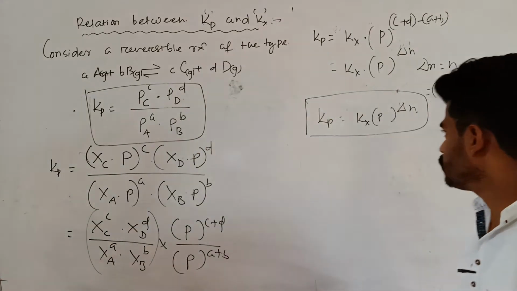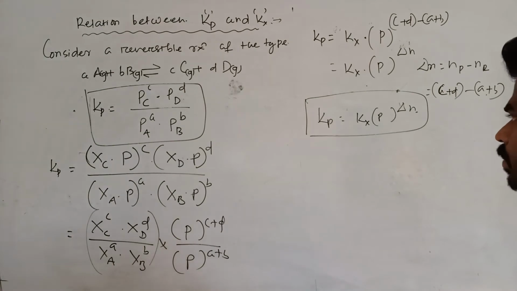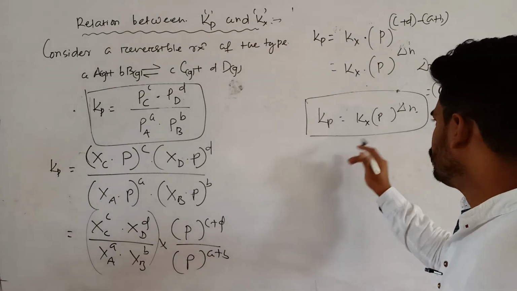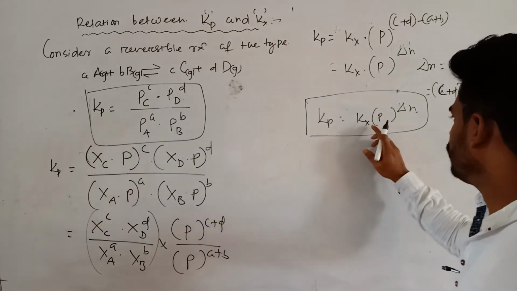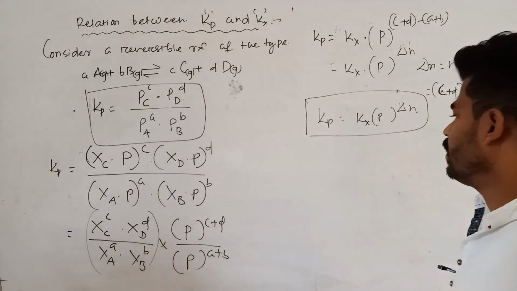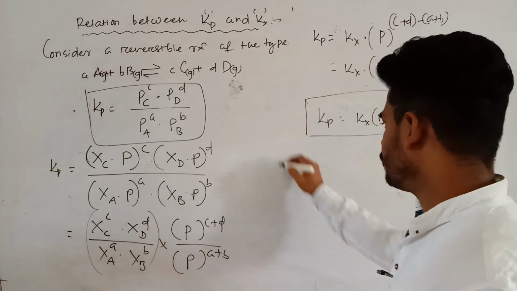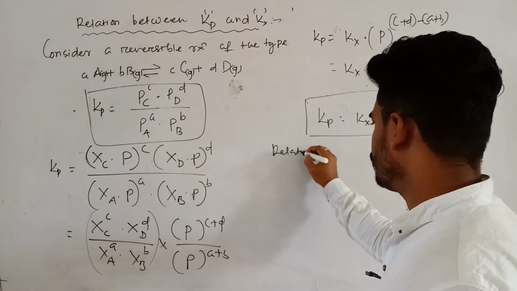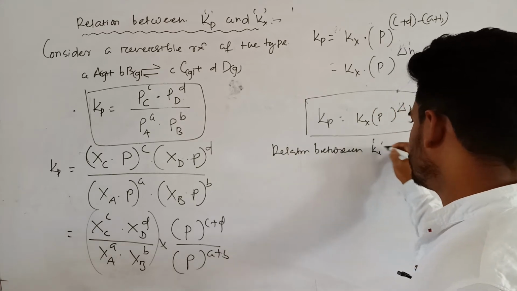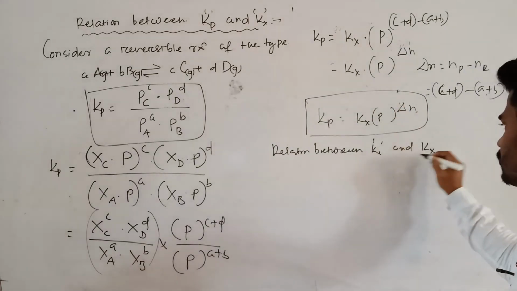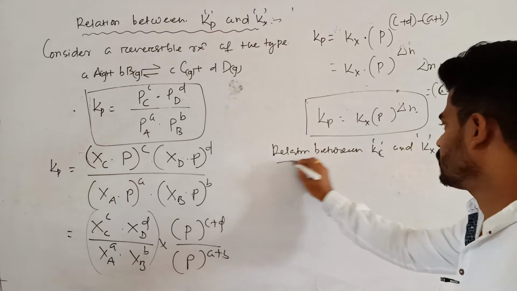So from these two relationships, Kp is equal to Kc into RT to the power del n, and here Kp is equal to Kx into P to the power del n, we can derive the relationship between Kc and Kx.